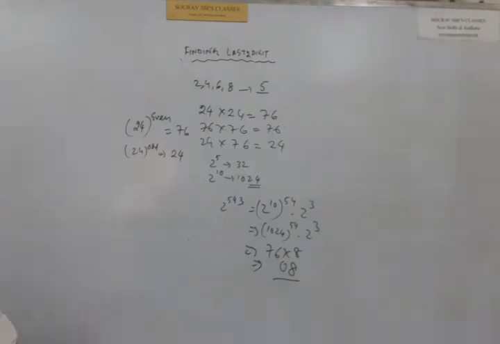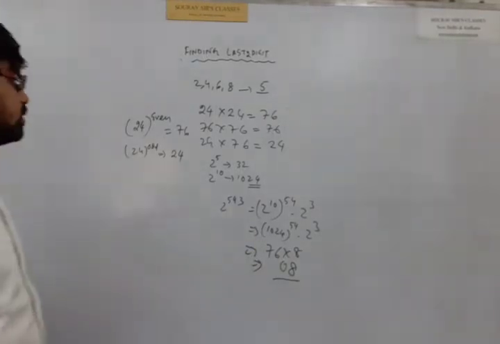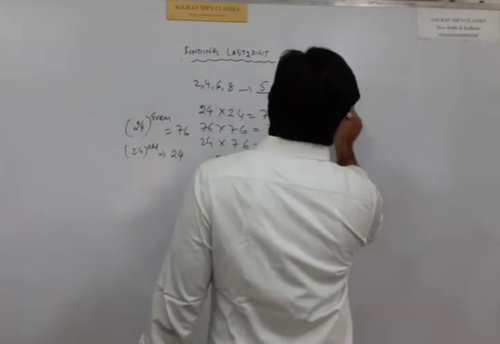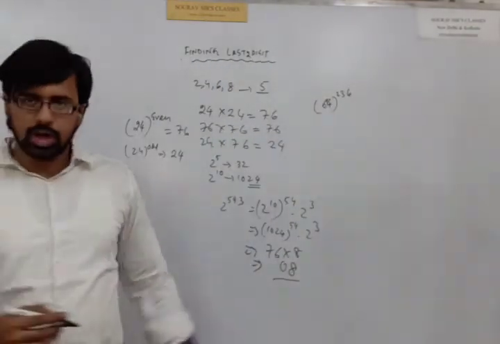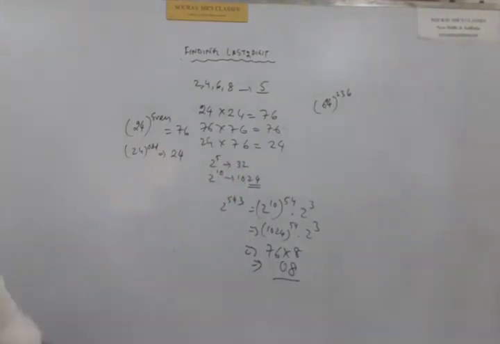Now even if we go to any other, like 4 now. So 64 to the power 236. This can also be expressed as a product of 2.